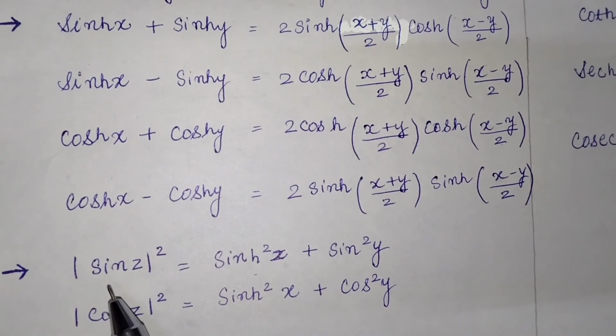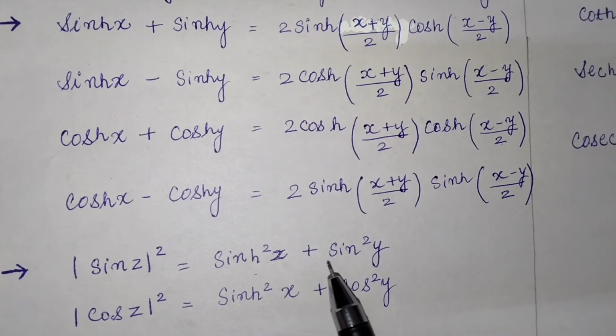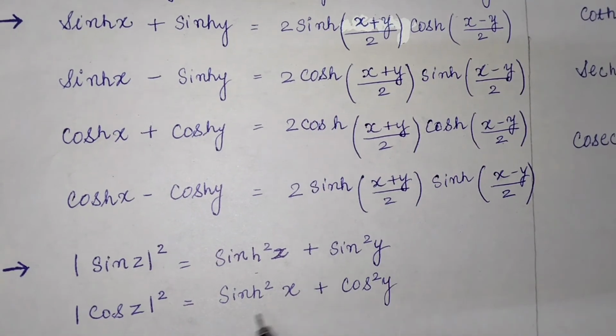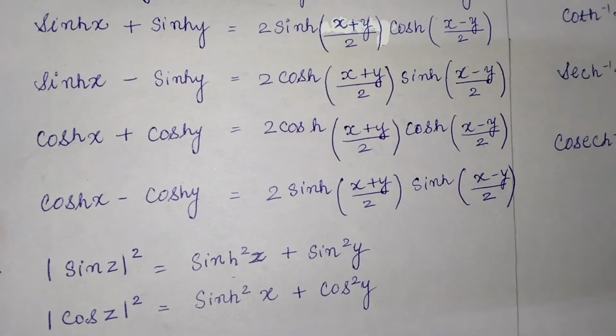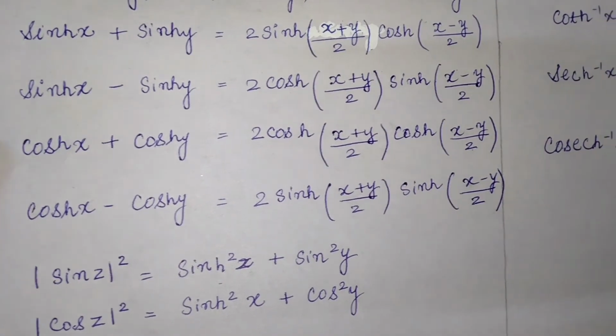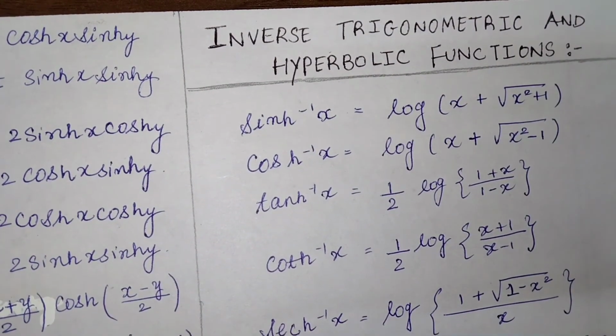Now, mod of sin z square is equal to sin h square x plus sin square y. And mod of cos z square is equal to sin h square x plus cos square y. Now, there are some inverse trigonometric and hyperbolic functions.